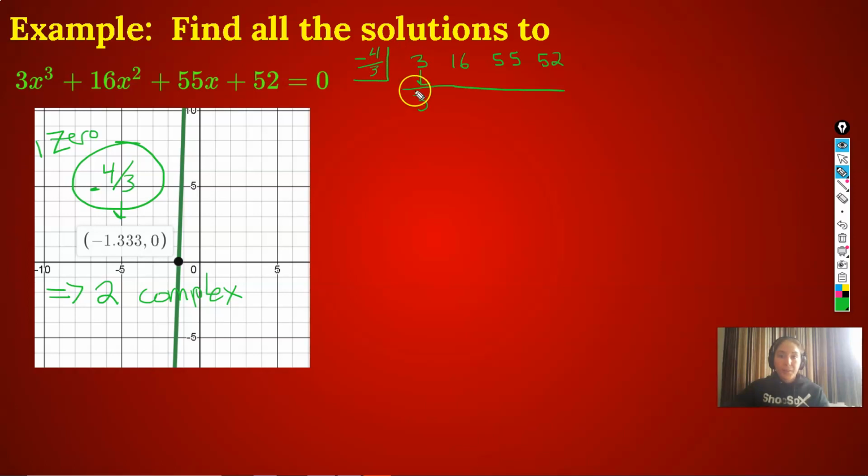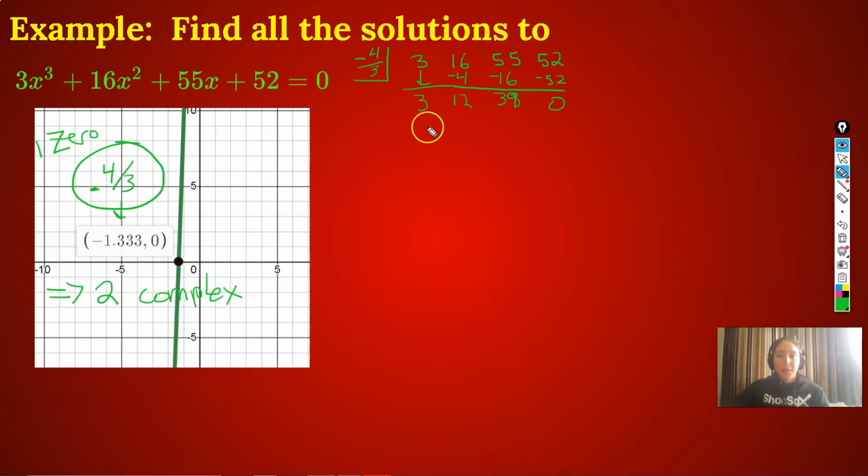Negative 4/3 times 3 is negative 4, add these together, you get 12. Negative 4/3 times 12 is negative 16, add these together, I get 39. Negative 4/3 times 39 gives me negative 52, to 0. Good, so that was a factor.